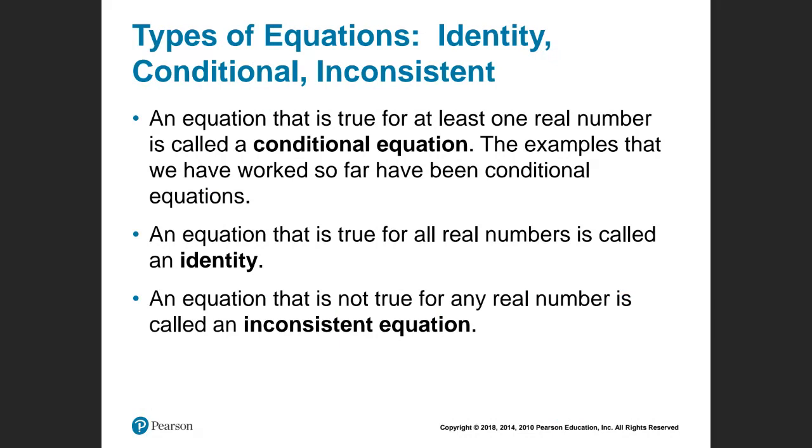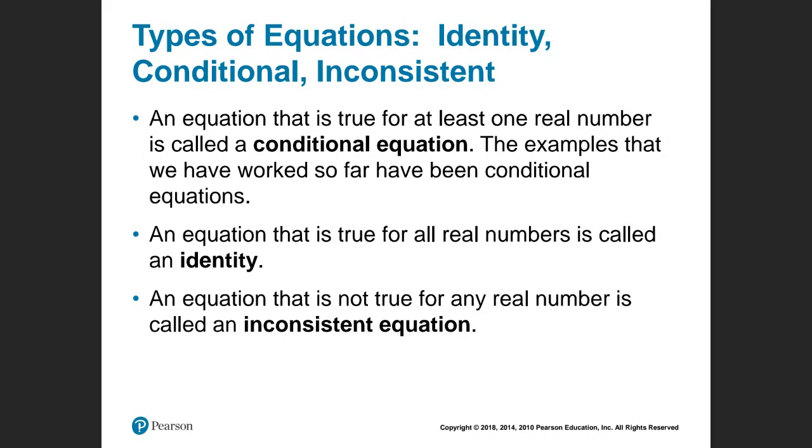Now go to types of equations: identity, conditional, and inconsistent. Look at the definition of the first one. An equation that is true for at least one real number is called a conditional equation. The examples that we have worked so far have been conditional equations.